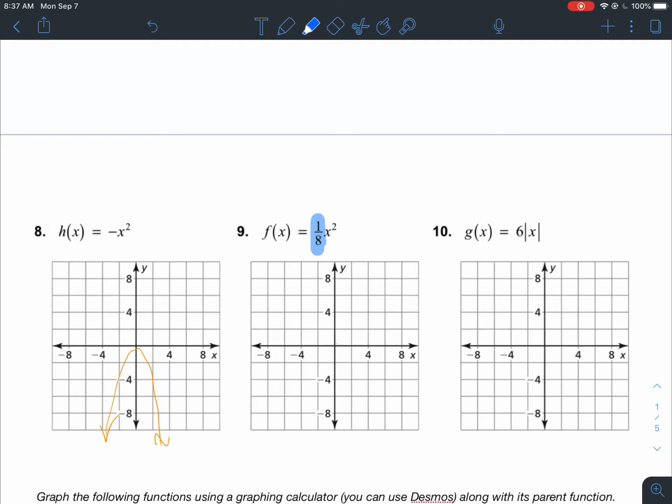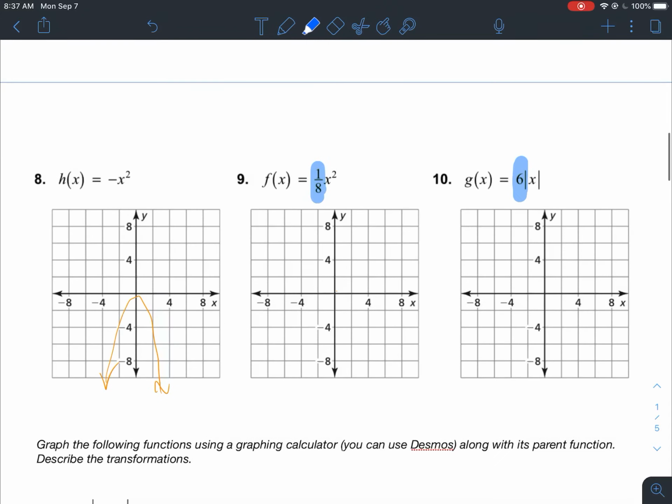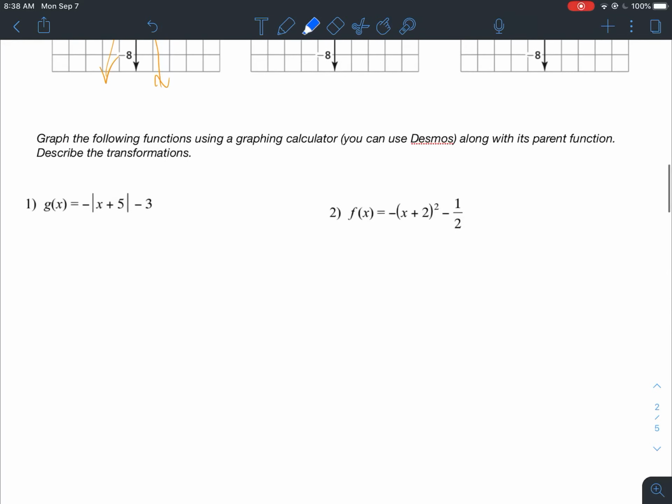Outside of the function, if a is greater than 1, like this 6, that means you're going to have a stretch. But 1/8 is less than 1 and greater than 0, so it's going to be a vertical shrink. But we'll cover that in just a little bit.